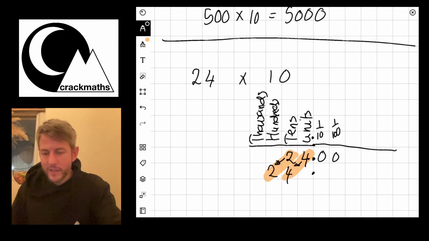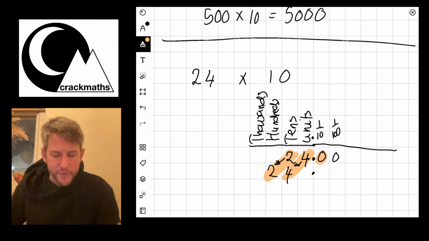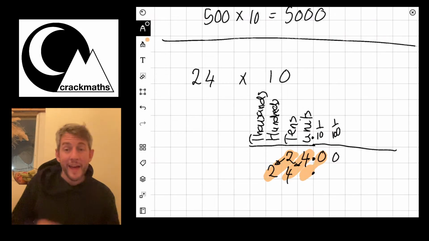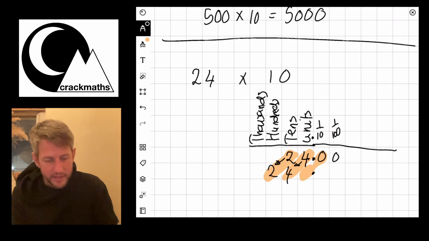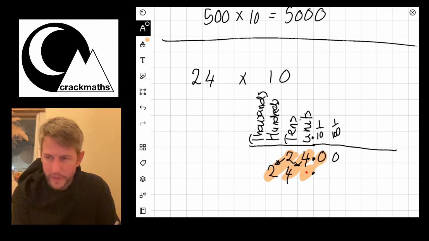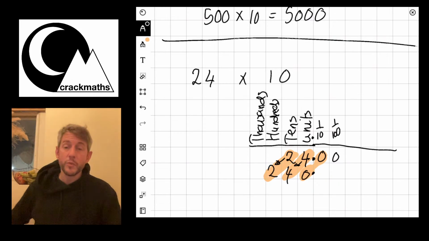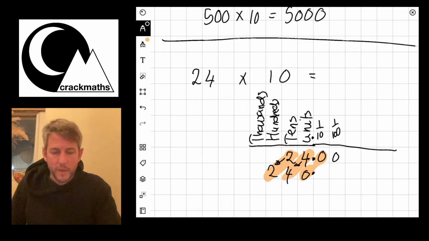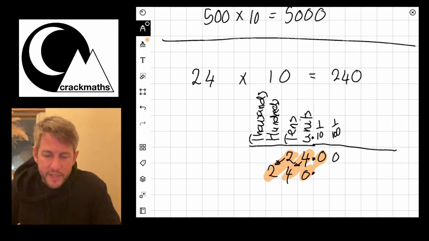So one of these zeros moves from this column into here. When we times by 10, everything gets upgraded. So this 0 goes from being here to being here. Okay, so what we end up with is 240. So here we go, 24 times 10 is 240.